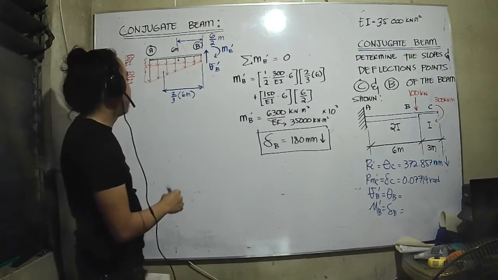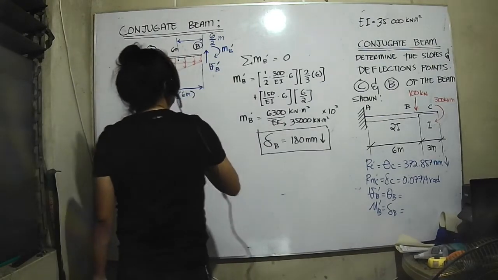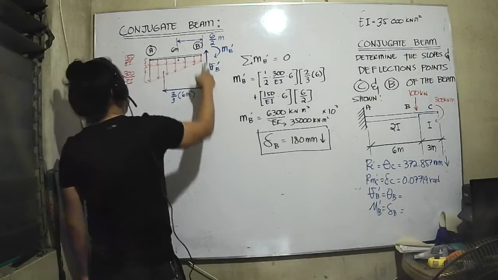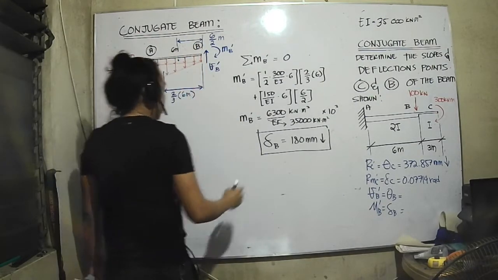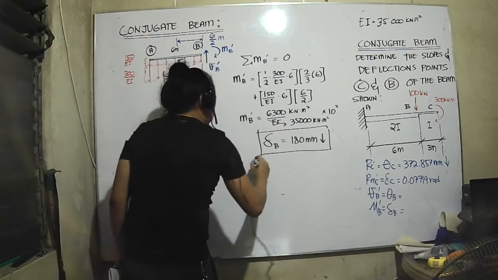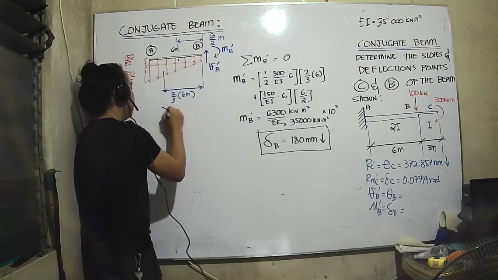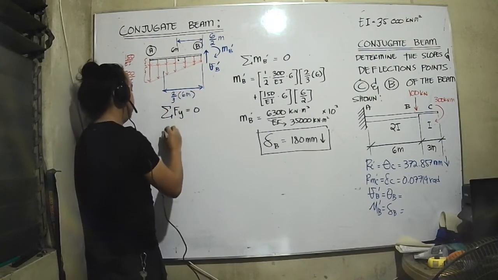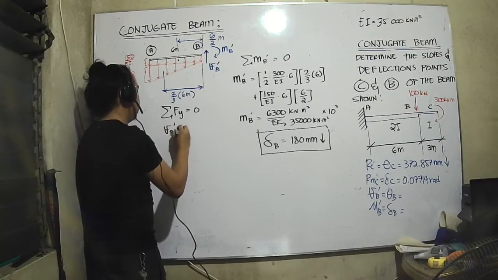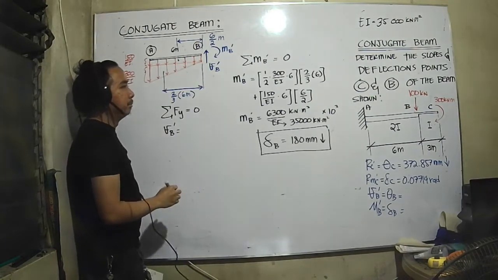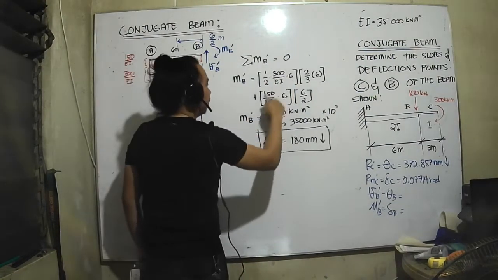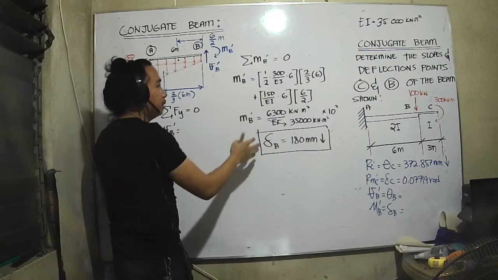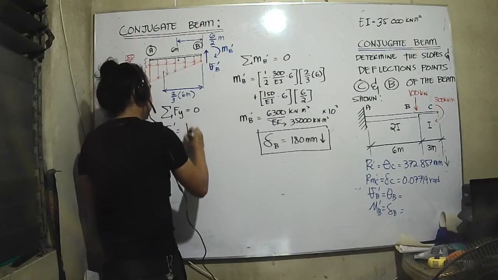I think we still have room for VB. Its direction is going up. Summing Fy equal to 0, VB is going up. We can just copy the earlier moment arms.